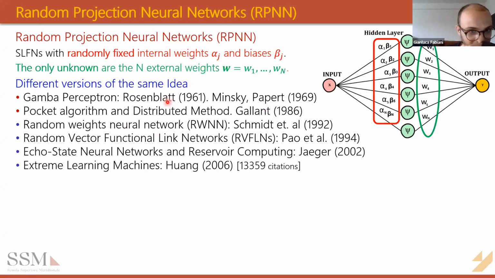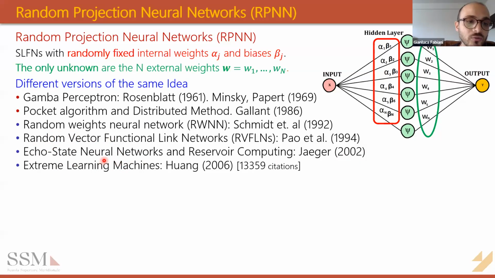Let's say that now the real networks that we want to address are these ones. The first to propose this was Schmidt with random weights neural networks in 1992. Then also the random vector functional link network proposed by Pao in 1994. But this was kind of forgotten and was rediscovered by Jaeger in 2002 with a similar idea.